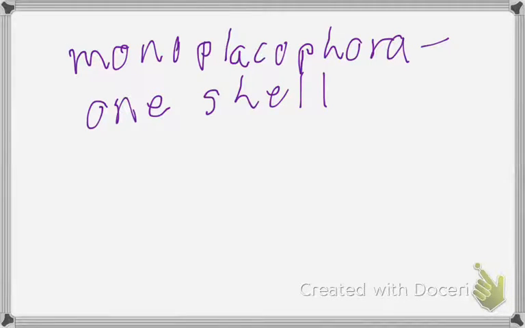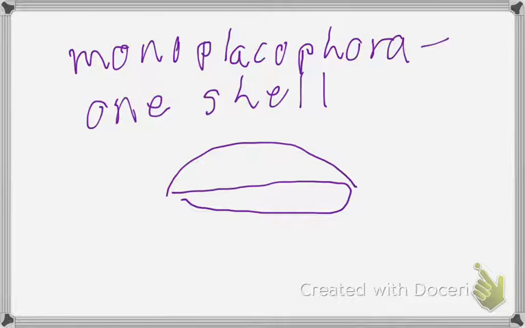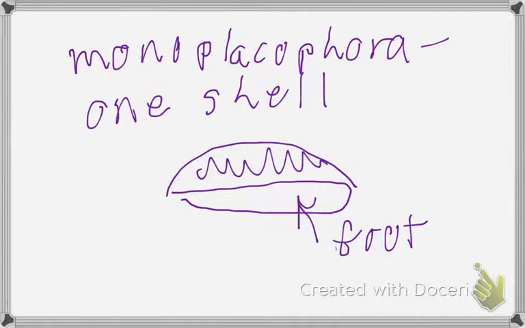And so these organisms will just have a single shell, and then they will attach to the substrate using a muscular foot. And under the shell you have the visceral mass. And an example of Monoplacophora would be something like an abalone.